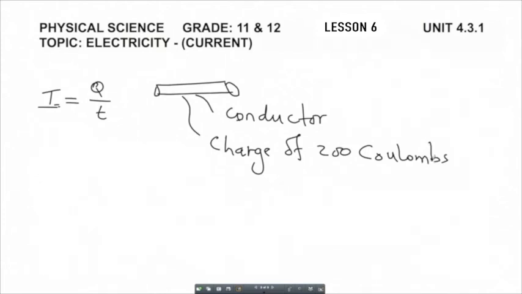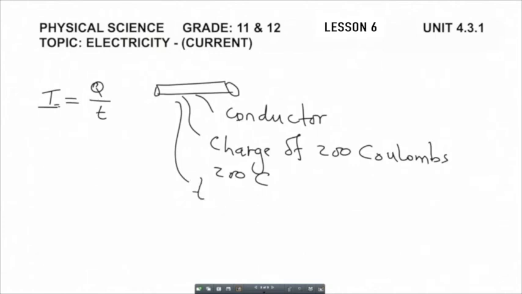Some people prefer to write just 200 with a capital C, because the capital C is the SI unit for coulombs.